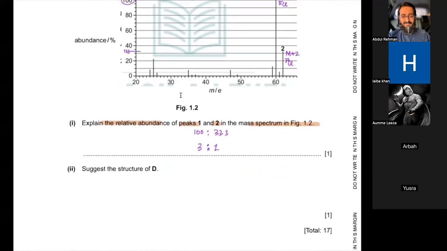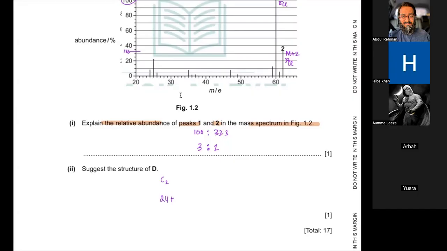For example, we have two carbons. So what is their mass? It is going to be 24.